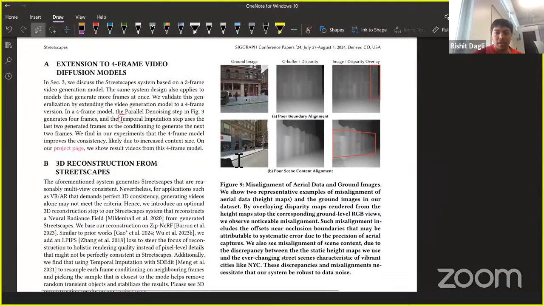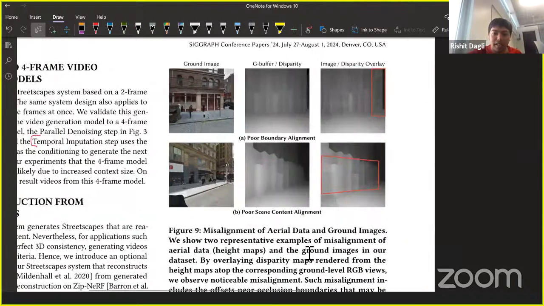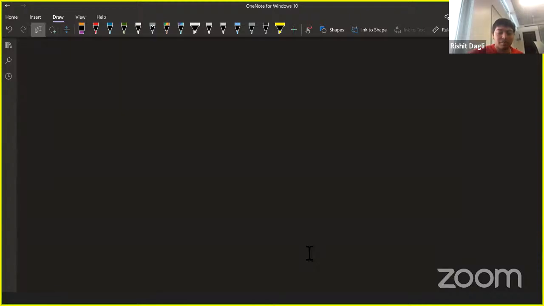And then they talk about some of these problems as well in their data. The data is also not perfect because you have many disparities, as I say, where the boundary and the scene content don't always align very well with each other. As they show over here, you have this offset. I don't know what happened, but my screen went blank.